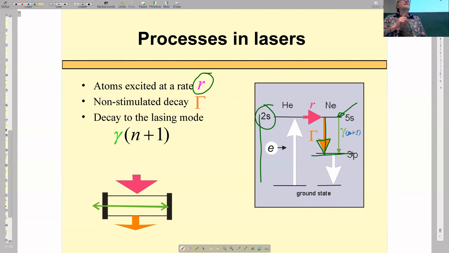But there is also a probability of decay into the mode which is confined by two mirrors, which is the green one. Decay to the lasing mode.